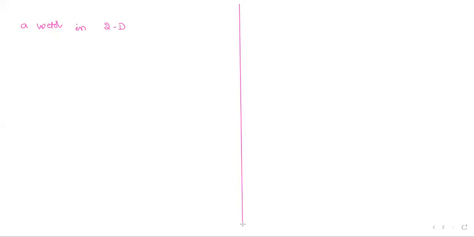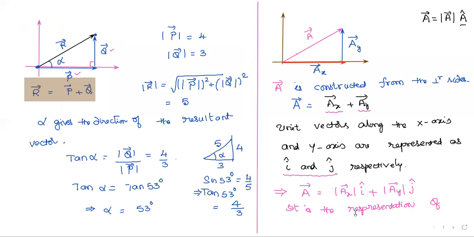So a vector A bar can be written as A suffix x i cap plus A suffix y j cap, that is mod of A suffix x i cap plus mod of A suffix y j cap.